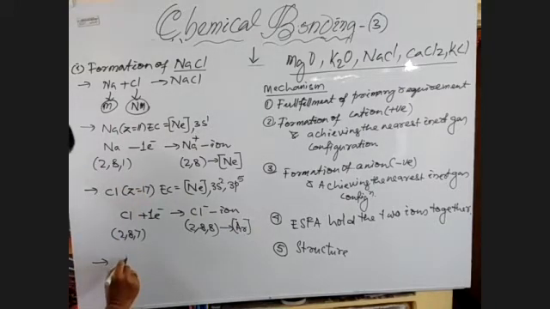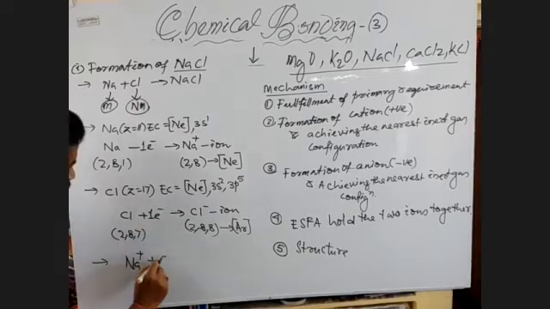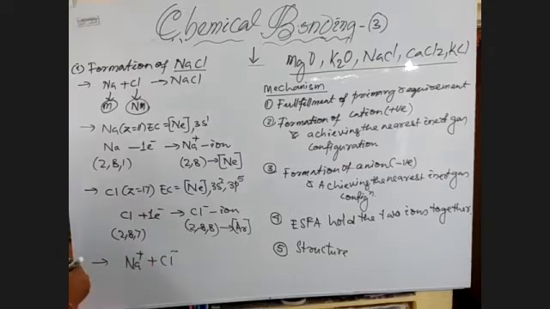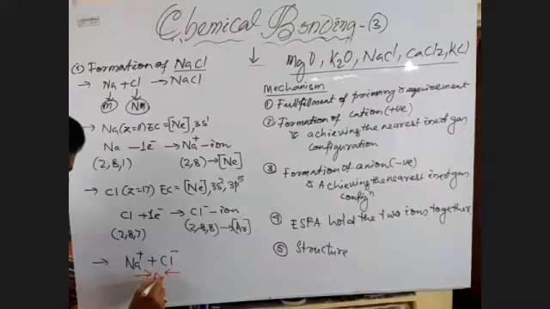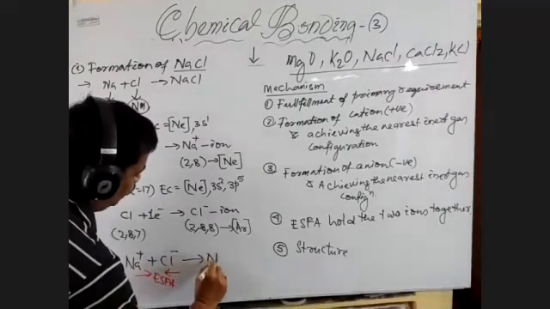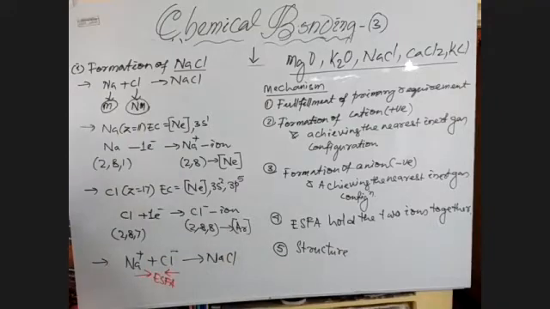Now this Na+ ion will come close to the Cl- ion, and between them there is a strong electrostatic force of attraction, ESFA, which is holding the two ions together. So it will form NaCl.